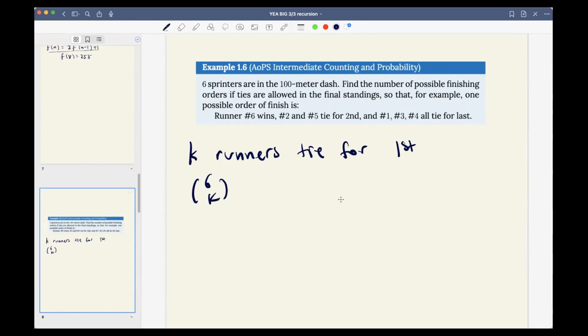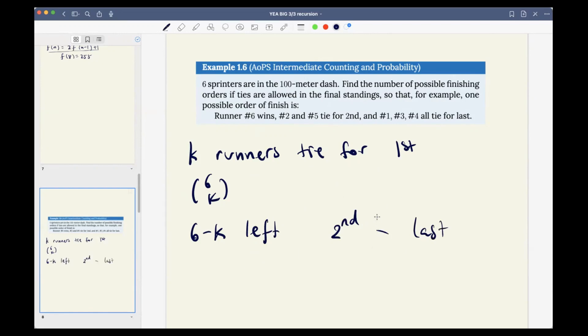Then how many ways do we have to finish filling up the final standings? Well, if we have K people for first, then we have 6 minus K people left, and these are filling up spots from second to last, right? And how many ways are there to do that?